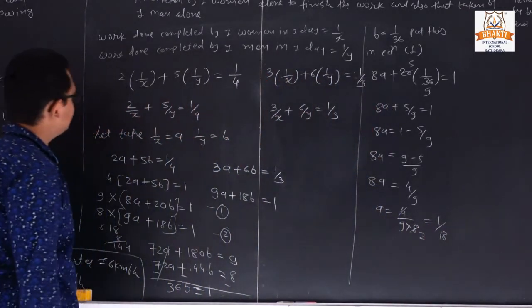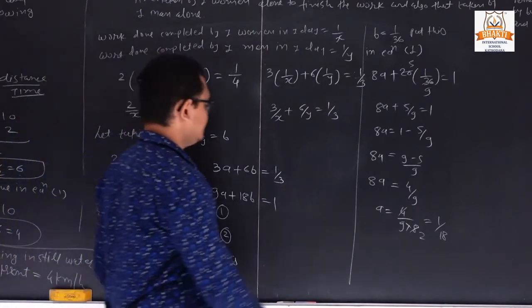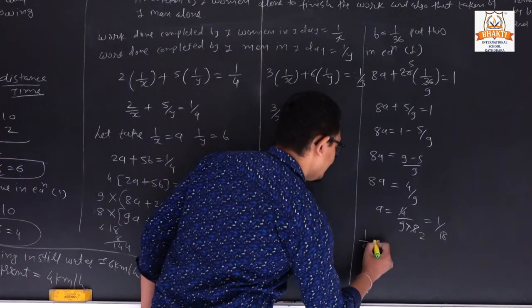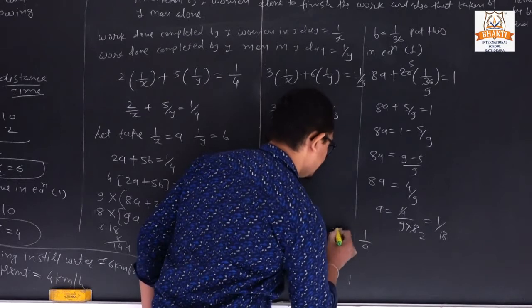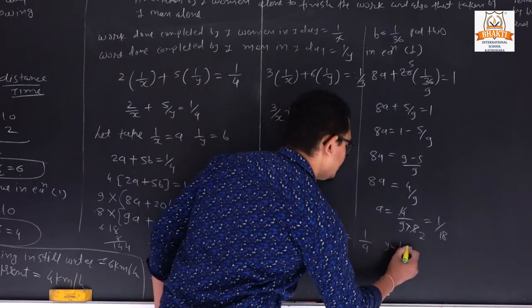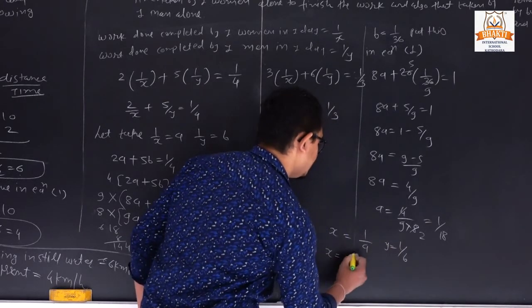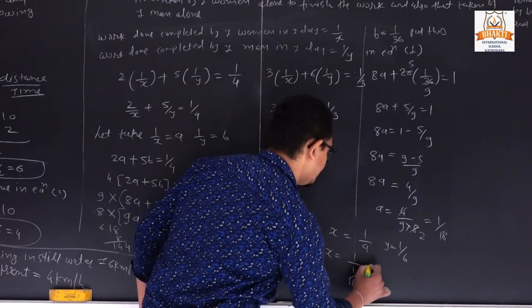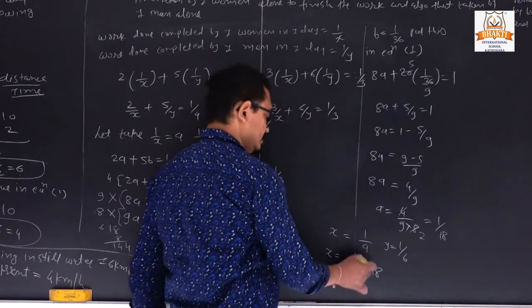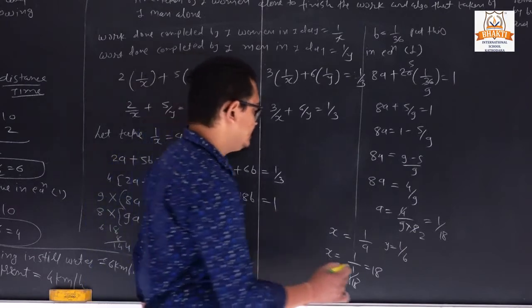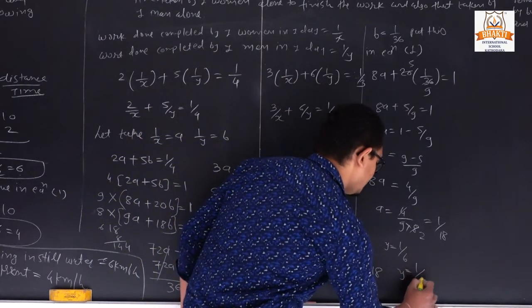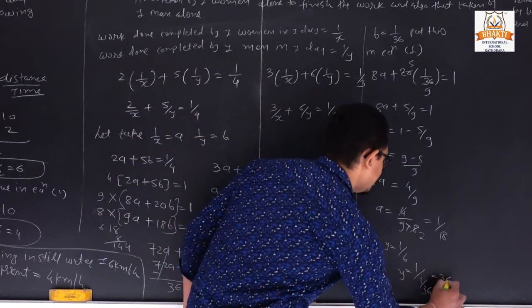Now what can we assume? 1 upon x is equal to a. So 1 upon a is equal to x and y is equal to 1 upon b. So x is equal to 1 upon 1 upon 18, so it is 18, because this term goes to the numerator. Similarly 1 upon 1 upon 36, so it is 36.